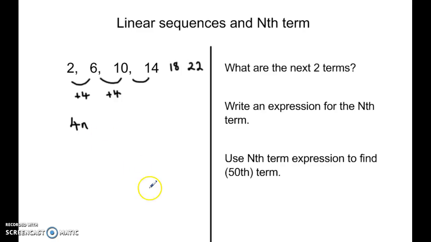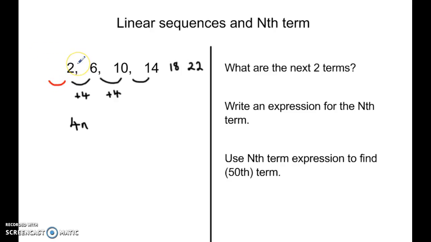To complete this, we now need to look at what we call our 0 term. So if our first term is 2, we ask ourselves, if we went one term to the left, what would this term here be?